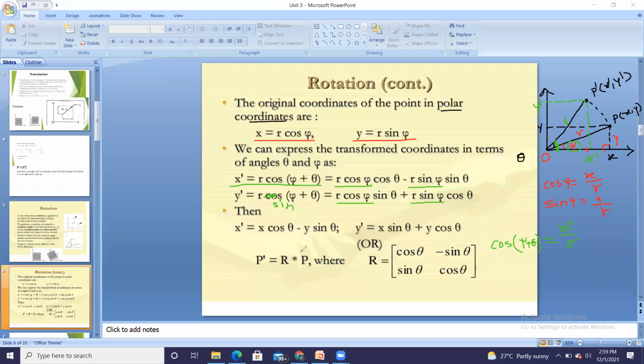So that we are going to write in terms of a matrix.